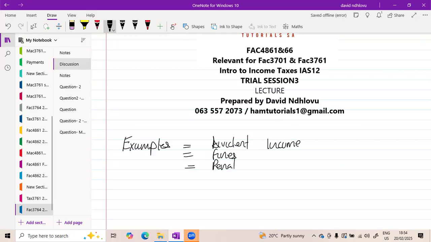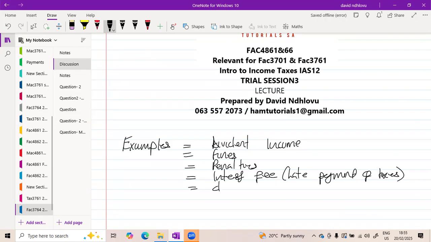What else? Interest received. Right, interest. Interest fee, this is not received. This is interest charged, usually for late payment of taxes, not any other tax in here. Late payment of taxes.